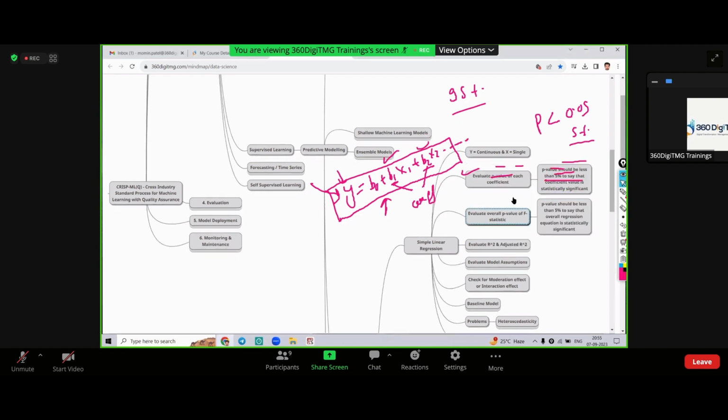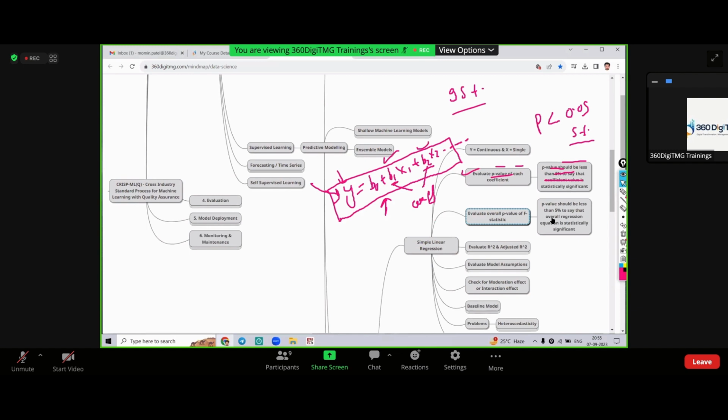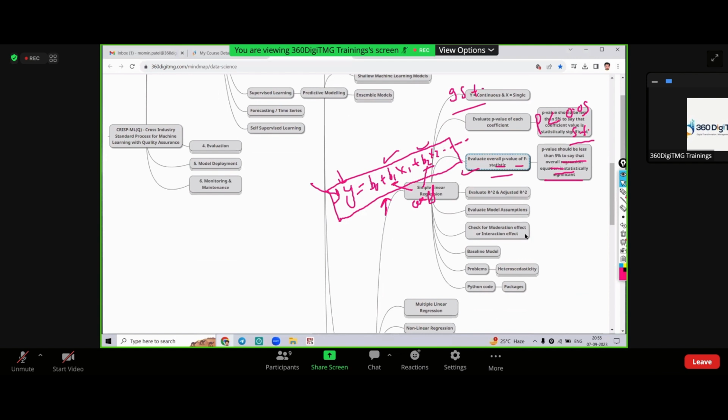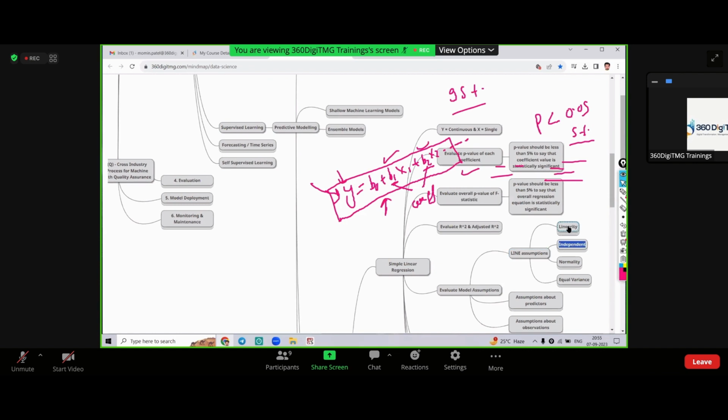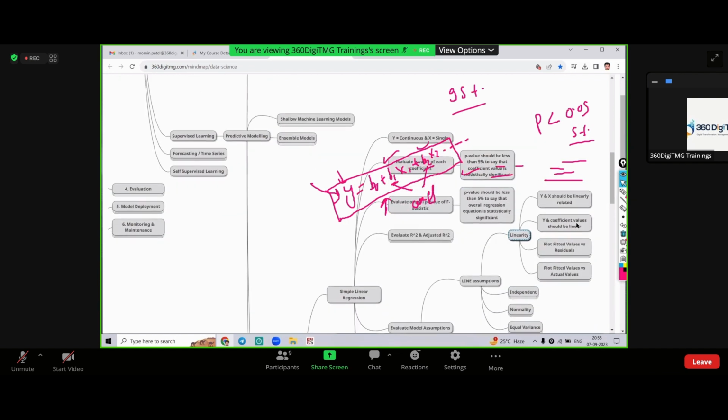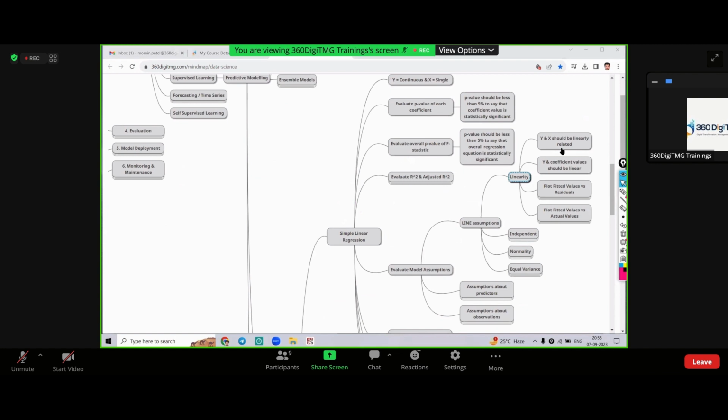Then you will also evaluate the overall p value, the F statistic. This is something we'll discuss later. And there are some model assumptions also. What are the assumptions? Linear regression assumptions. Linearity means X and Y should be linearly related; Y and the coefficient values should be linear.